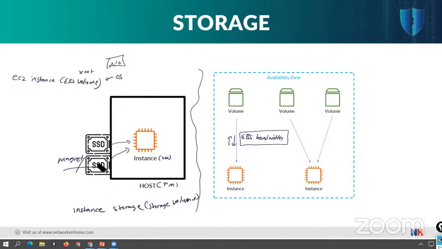And coming to instance storage, based on the type of instance you select, it will tell you whether you are going to get instance storage or not. Instance storage is not available for every EC2 instance type. It's available for a few EC2 instance types only, and the number of storage volumes available depends on which EC2 instance type you are launching.